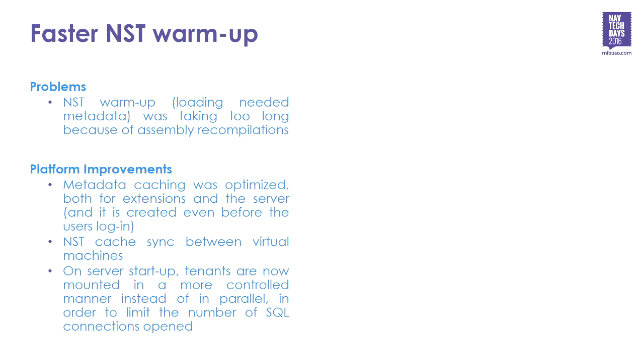What about the others? When the customer logs in, you don't know what machine they'll hit. What if they hit one where the cache isn't yet synced? Well, we thought about this issue, and we introduced caching between these virtual machines, so that wherever that item is recompiled, in a very, very short time, all virtual machines will have the metadata cache synced, and the user experience will be constantly fast.